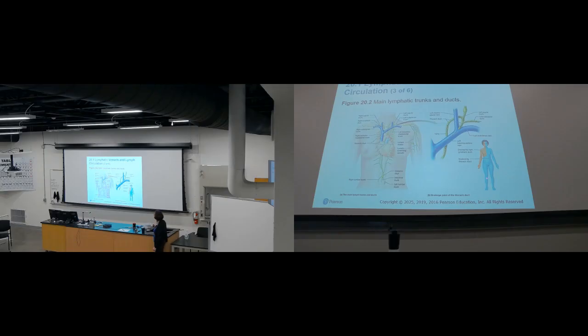Looking here, this is like the entire body. So all of this orange area, the right arm, the right hemithorax, the right side of the face and the head, is drained by the right lymphatic duct, which drains into the right subclavian here. So the thoracic duct drains more lymph than the right lymphatic duct.